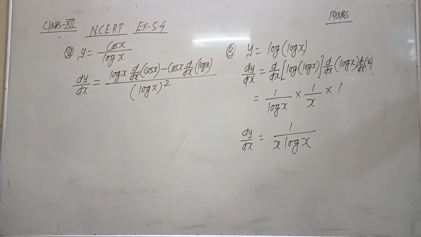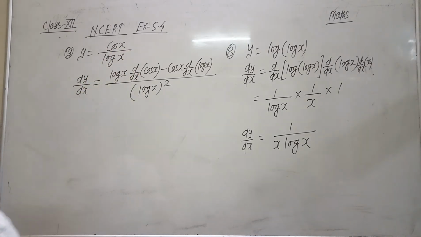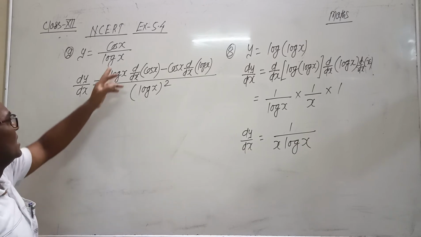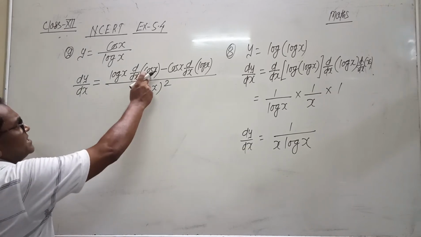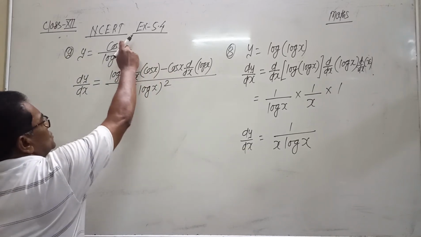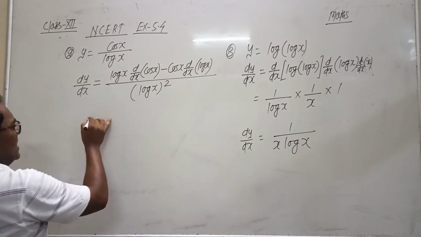We have used the formula u by v. At the place of u, here is cos x, and at the place of v, we have log x. So v as it is, and d by dx of u, minus u as it is, and d by dx of v, upon v square.